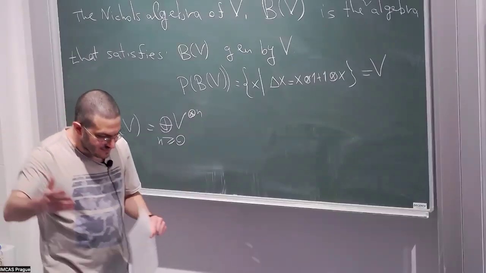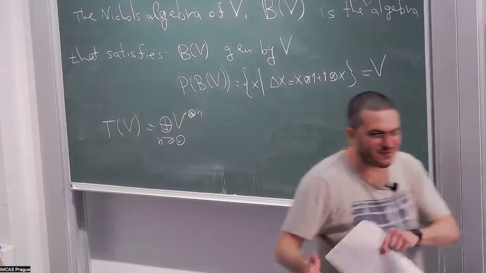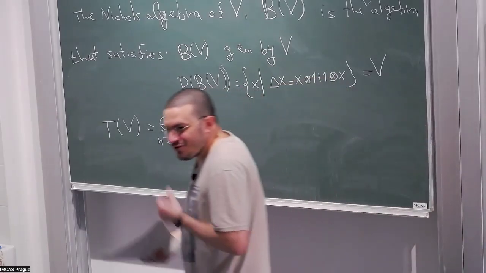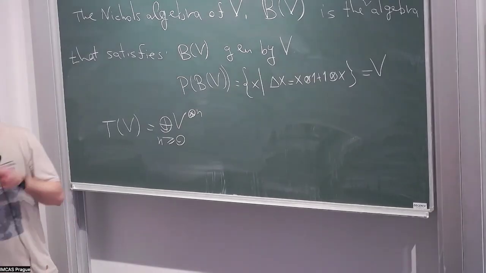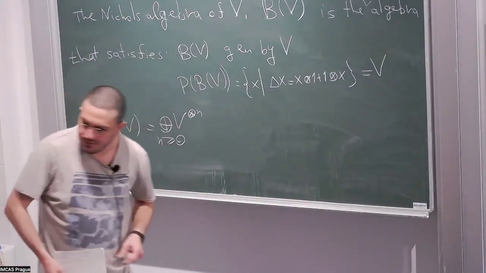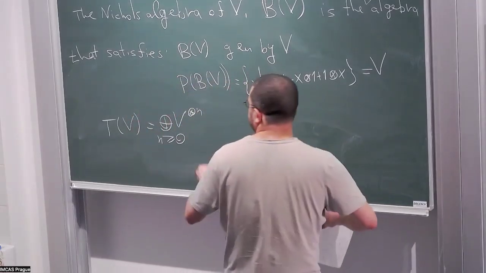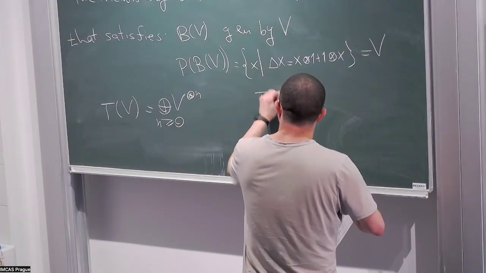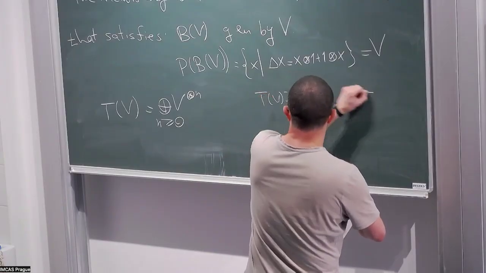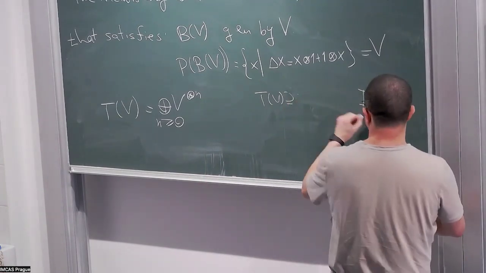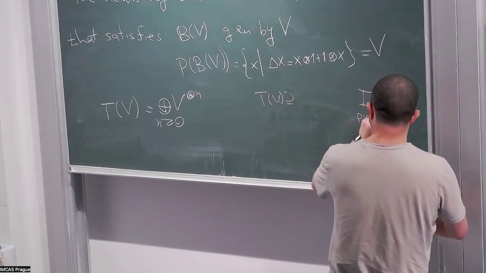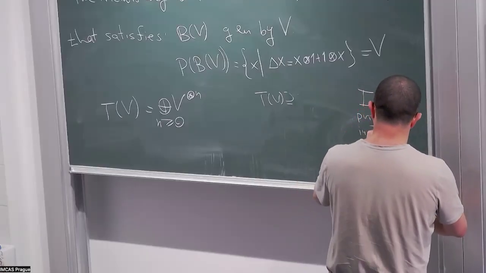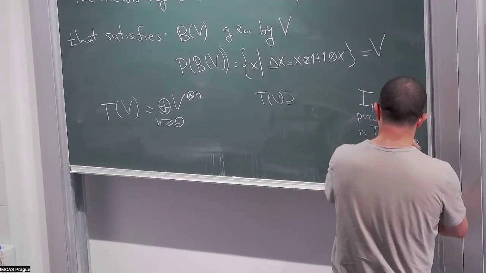So I divide by all the primitives in degree higher than 1. The problem now is that maybe in the process, I created more primitives. What can I do? Divide by them. And I can just continue doing that again and again until I reach a point where I don't have any more primitives except in degree 1. So I have an ideal, let's say I1, that I divide. This is the primitives in T(V), n bigger than or equal to 2.